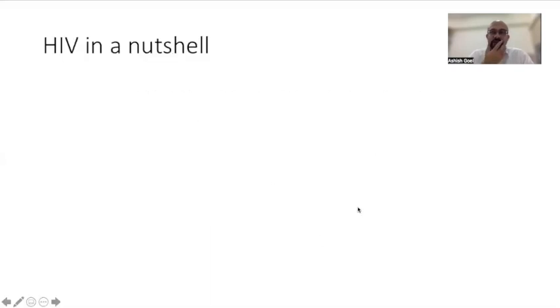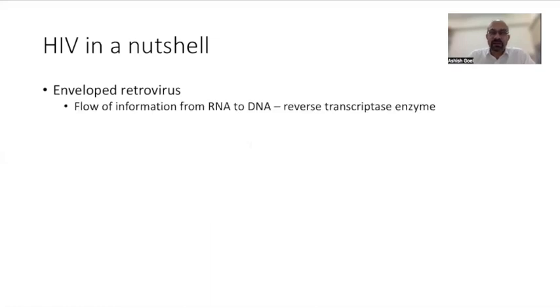So very briefly, talking about HIV, it's an enveloped retrovirus. It was believed earlier that the flow of information in biological systems is unidirectional from DNA to RNA. However, with the discovery of the retrovirus, it was found for the first time that the flow of information is happening from the RNA reverse to the DNA.